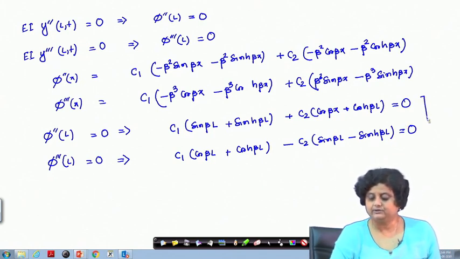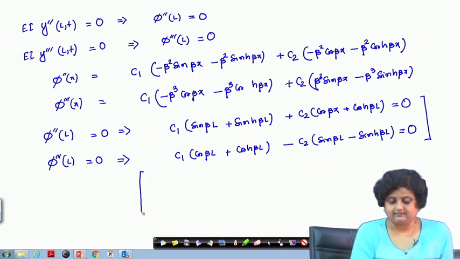Now, these two equations can be written in matrix form.